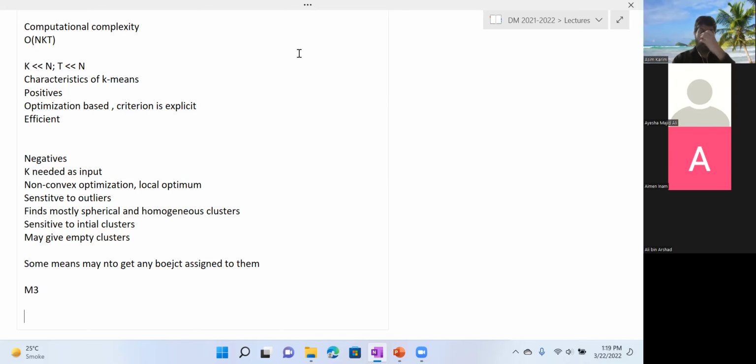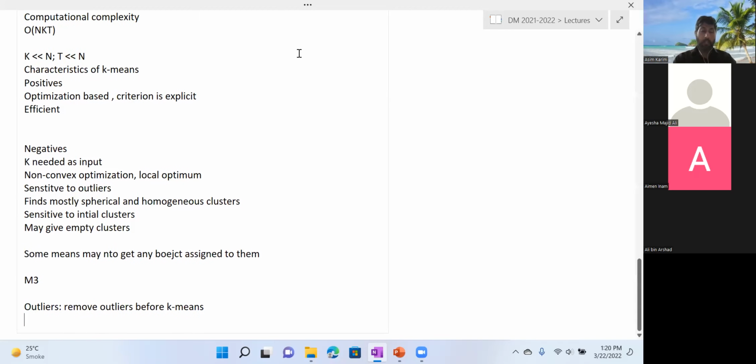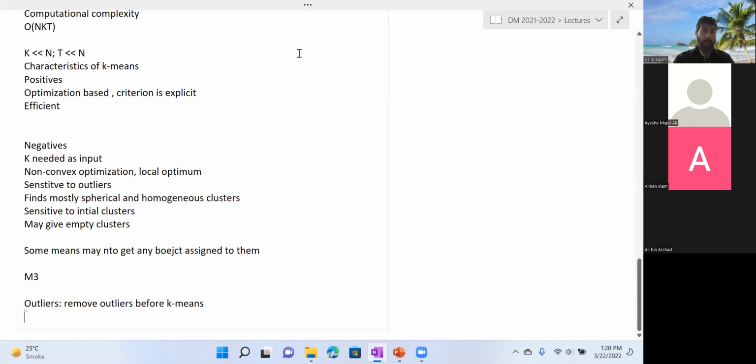All right. So of course for outliers, usually remove outliers before k-means. And we have various techniques for removing outliers. We studied some very briefly in pre-processing, but we'll discuss more after this chapter. What else?